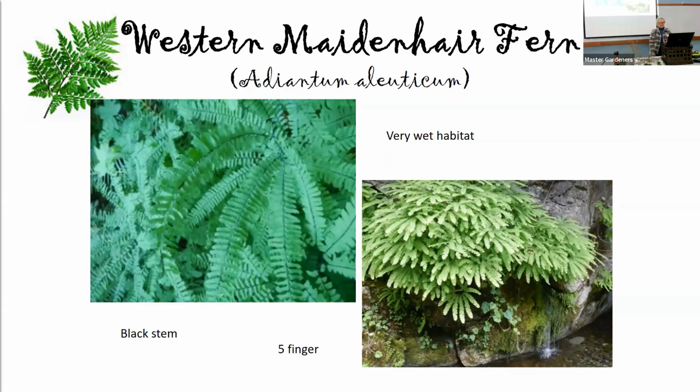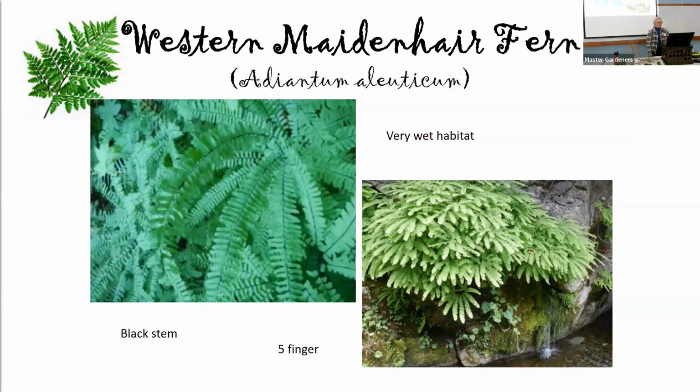The genus name, Adiantum, is a Greek derivation which means unwetted, because the water just washes over it like they're waterproof or something. Used by native people, the stipes were used in basketry design because of their color.